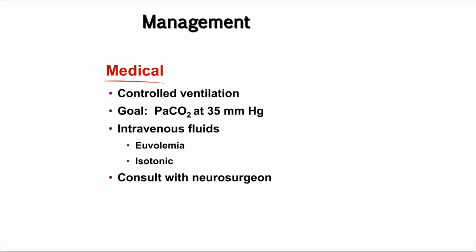So medical treatment is composed of controlled ventilation. This is usually done after the endotracheal tube is placed, with assisted ventilation by a machine. So you increase the respiratory rate in order to decrease the PaCO2 level.